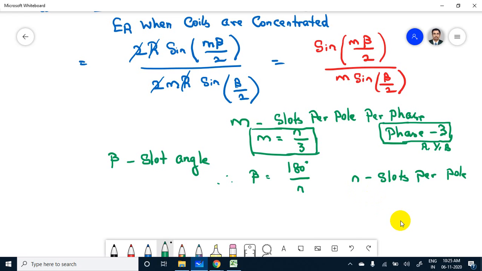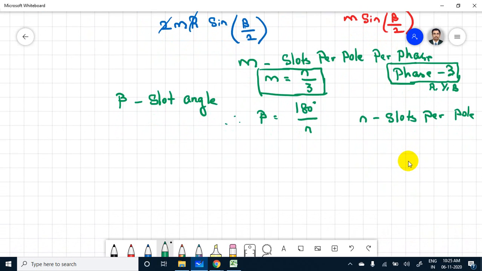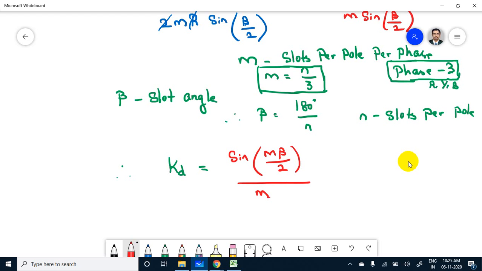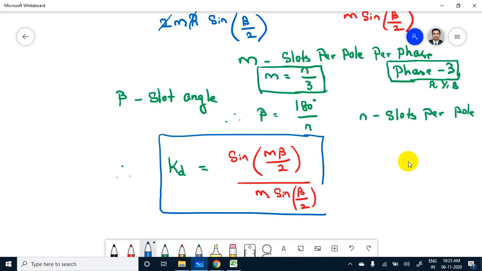Okay, any doubts? So finally we can represent the distribution factor: Kd equal to sine m into beta by 2 whole divided by m sine beta by 2. This is the distribution factor.